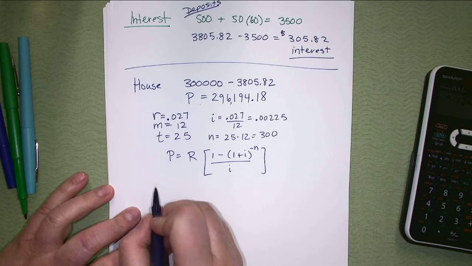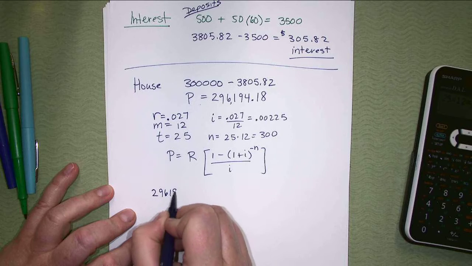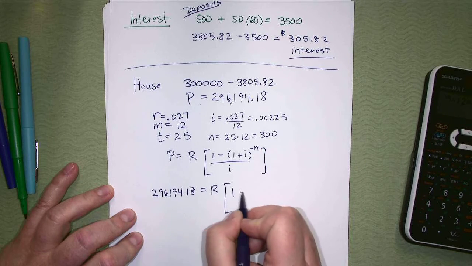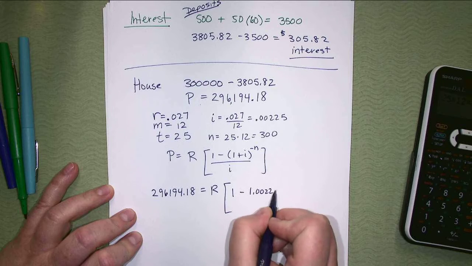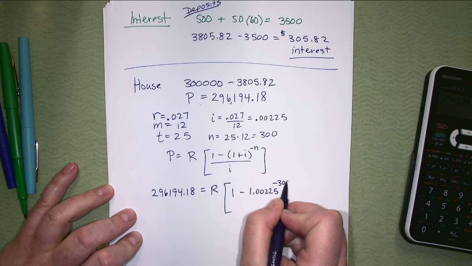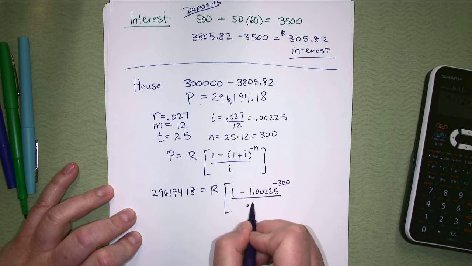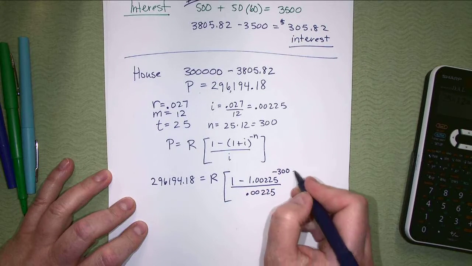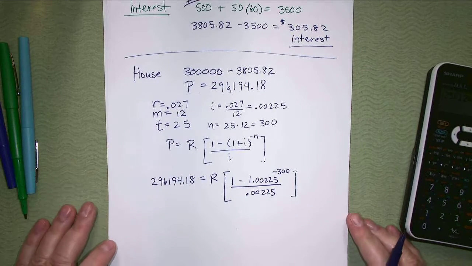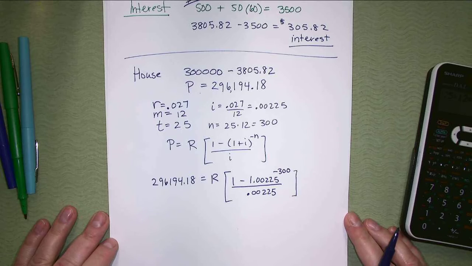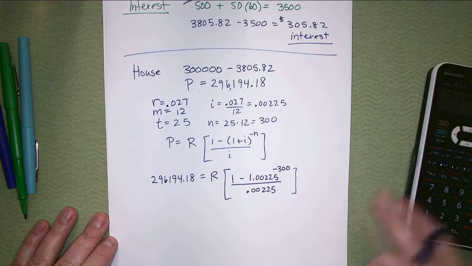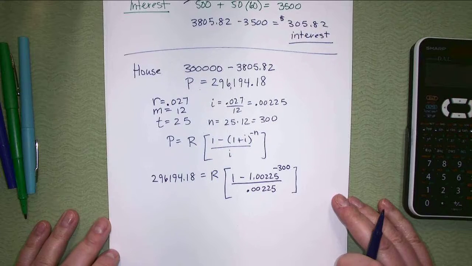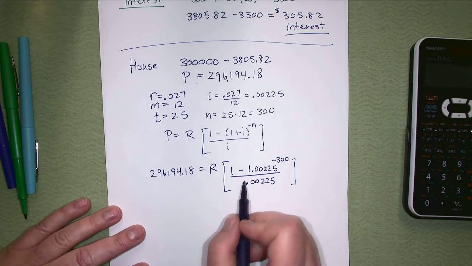So 296,194. Remember not to round that interest rate off. You have to keep all the decimals. If it's 5 decimals long, keep all 5.